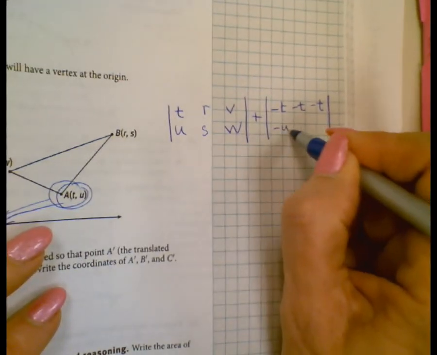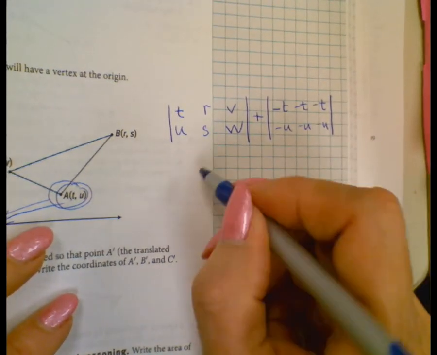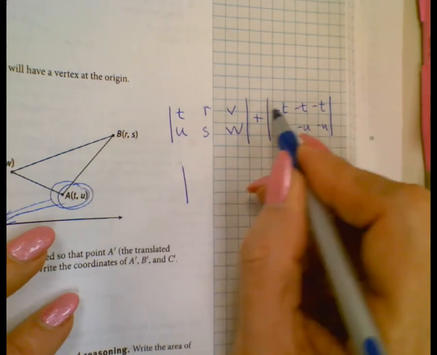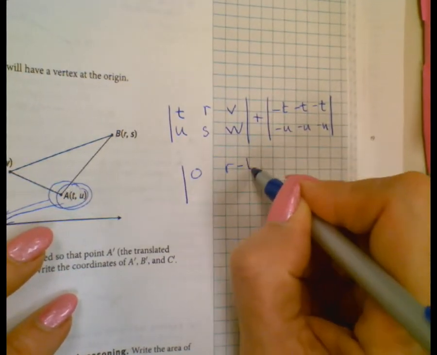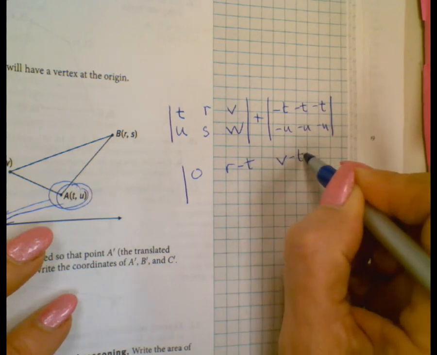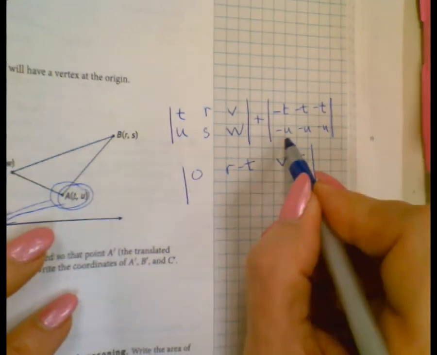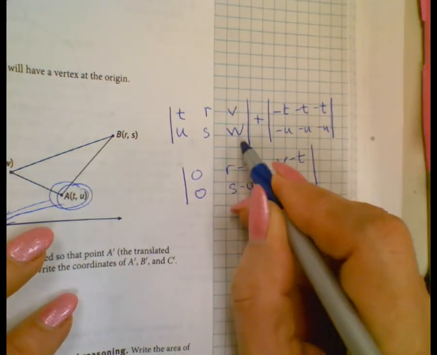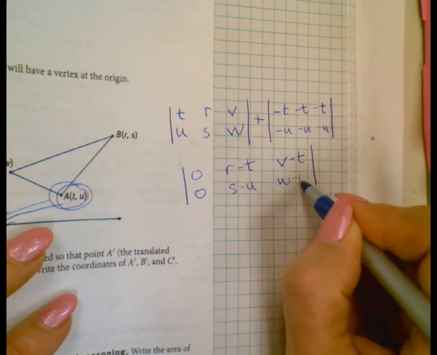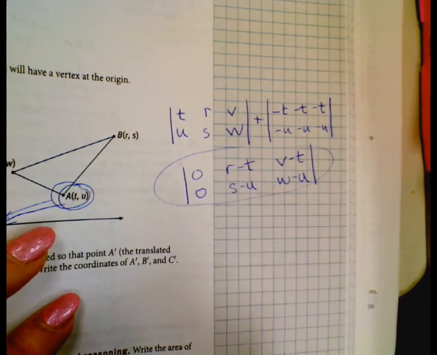So I'm going to go negative U, negative U, negative U. My new ordered pairs would be T minus T, which is 0, R minus T, and V minus T on the top. And on the bottom, you have U minus U, which is 0, S minus U, and W minus U. And this would be our new triangle.